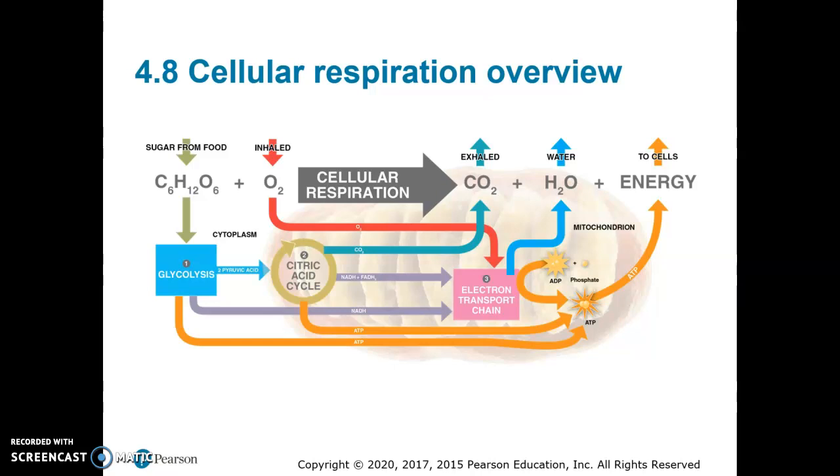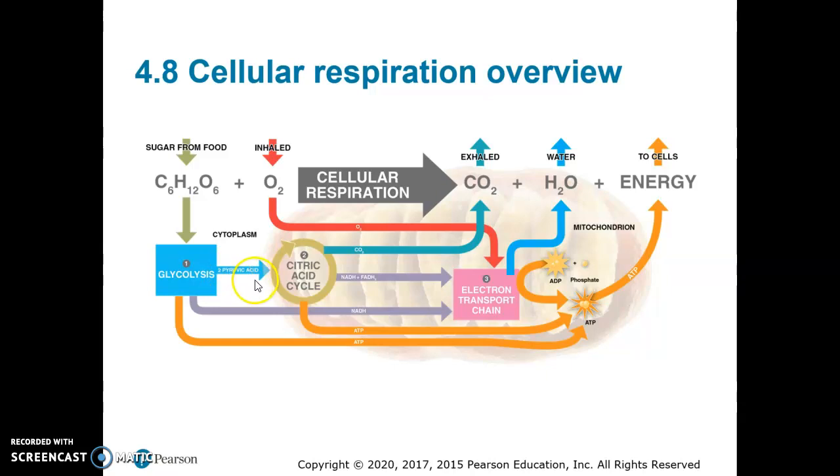So glycolysis is a process that breaks the sugar in half. It's no longer called a glucose molecule, because now it's only a C3H6O3, right? It's broken in half. Those 2 halves are called pyruvic acid.